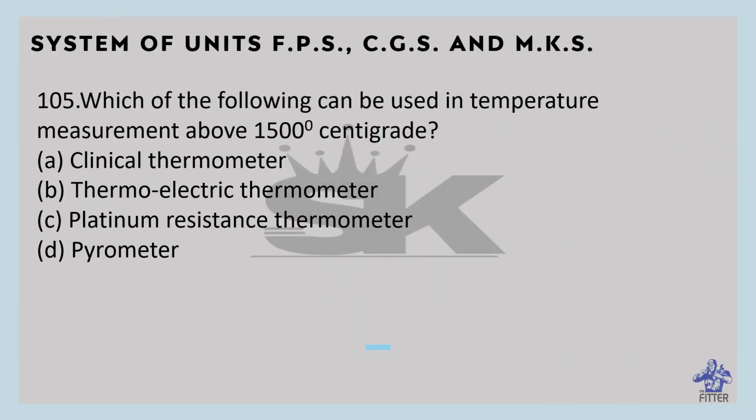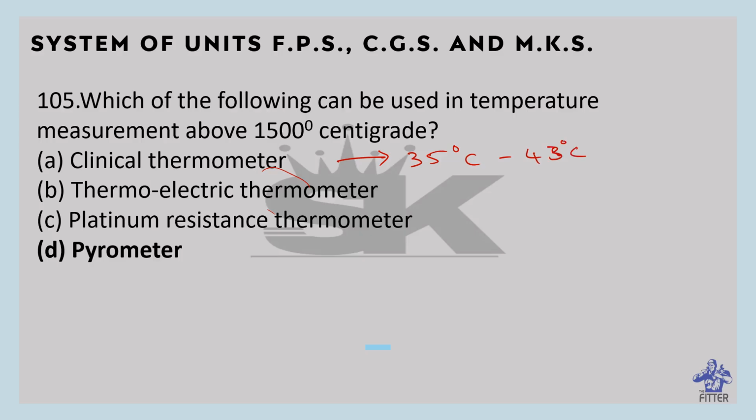Which of the following can be used in temperature measurement above 1500 degrees centigrade? That is pyrometer. Clinical thermometers are around 35 degrees centigrade to 43 degrees centigrade.